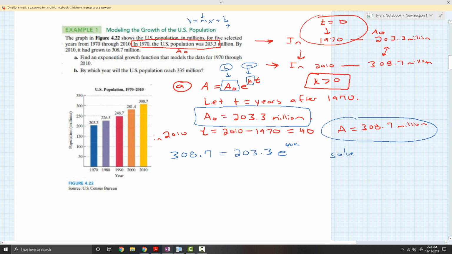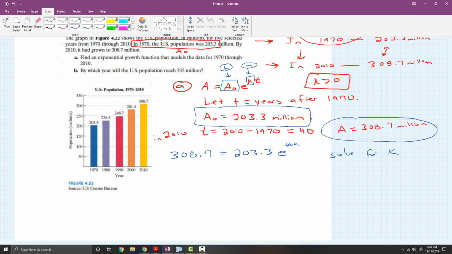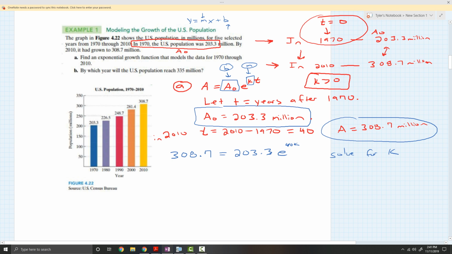Solve for k. Since I have a variable in the exponent, I'm going to have to end up taking the logarithm of both sides.